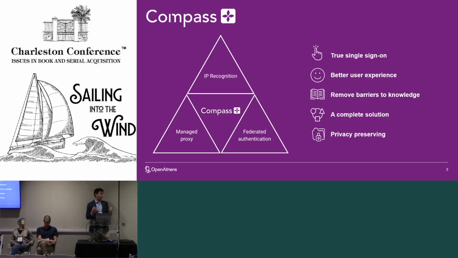And so we bring you a true single sign-on system that really helps give your users a much better experience in a really safe environment. Really key to that is privacy preserving. At the heart of everything we do, that is what we want to maintain. Sometimes you're not too sure about how it's all working. If you want to know more about Compass and federations, happy to have a discussion after this, as that's all the detail we're going to go into today. But now we're going to jump into the panel discussion.